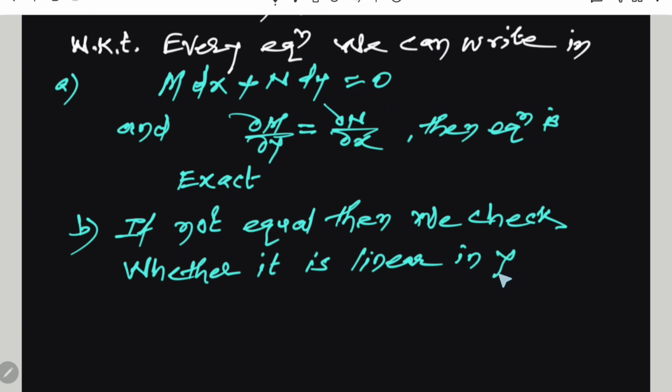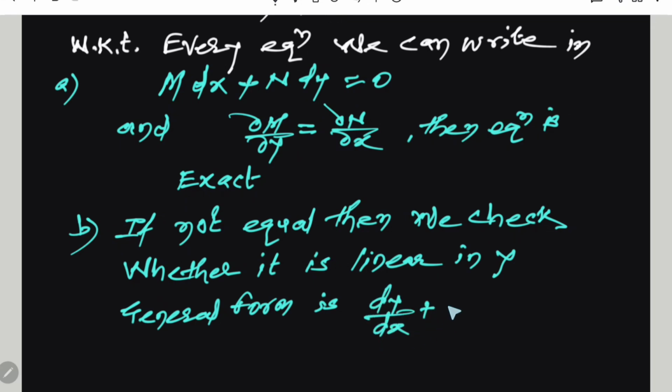For linear in y, the general form of that differential equation is dy by dx plus capital P into y equals to Q, where capital P and capital Q are functions of x or constant.